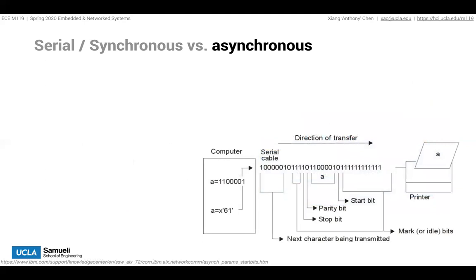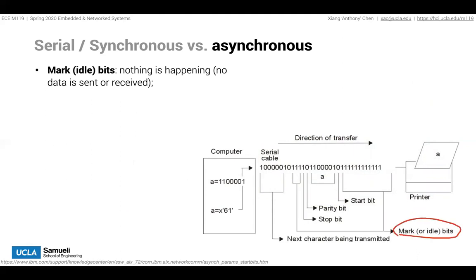So how does asynchronous communication work? There are a couple of special bits, for example mark or idle bits. In this case, the mark or idle bit is the 1 bit. This bunch of ones indicates that there's really nothing to be read.